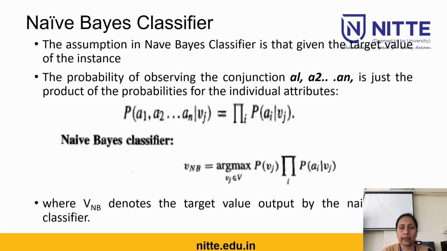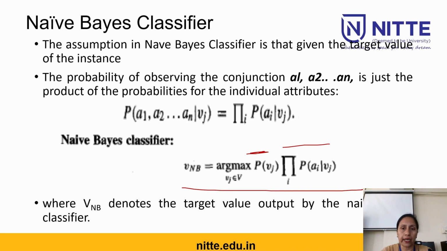Coming back from the previous slide, the same formula is written for the naive Bayes text classifier as the prior probability of Vj into the product of all. And here the assumption in the naive Bayes text classifier is that every attribute is independent of each other. In the sense, the first feature and the second feature don't have any relation between them, or any other feature.